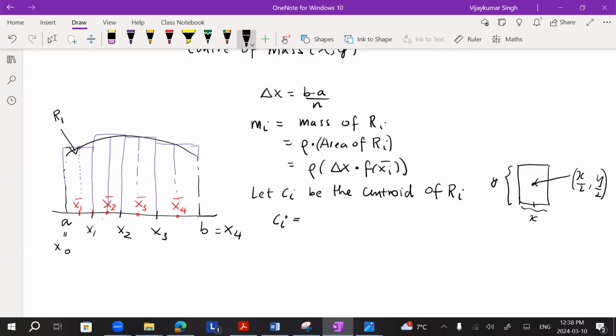So our centroid is xi, yi for rectangle Ri, and that is going to be xi bar. That's why we chose it to be the midpoint. And yi would be half of this, so it'll be somewhere here. So yi is going to be f of xi bar, divided by 2.